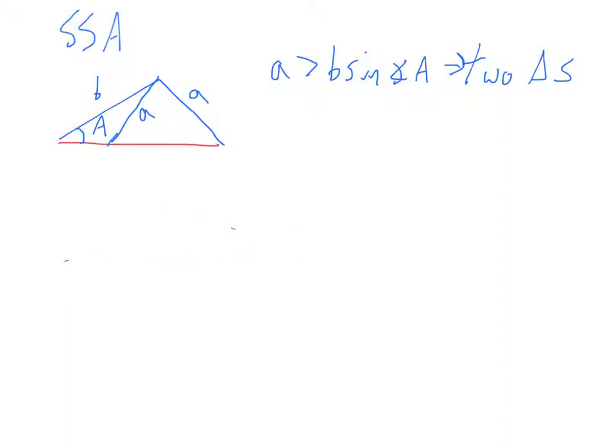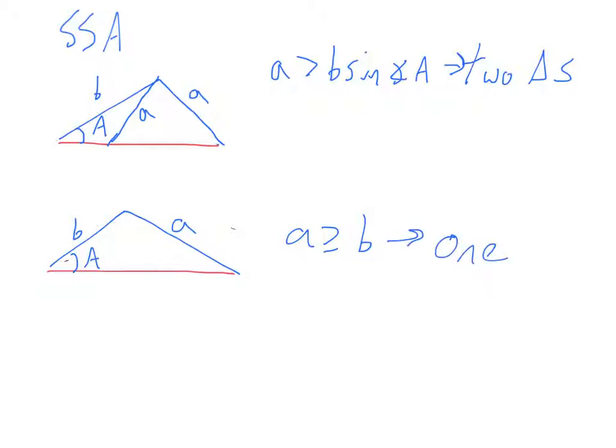Sorry, let me do this one more time. In this case, if A is greater than or equal to B, then you can only make one triangle, and it's always going to be an oblique triangle because it has an oblique angle.